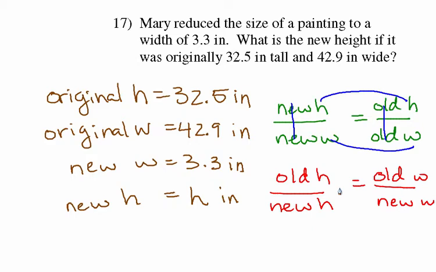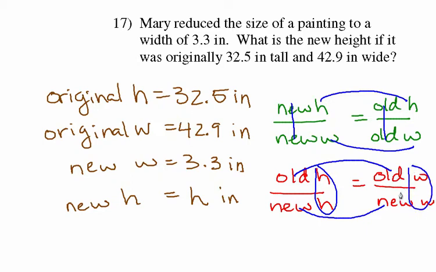In the first method, the new dimensions are in the same fraction and the old dimensions are in the other fraction. Then both the heights are corresponding in the numerators and both the widths are corresponding in the denominators. It's also okay to do it the way I've done it here in red, where the old dimensions are corresponding in the numerators, the new dimensions correspond in the denominators, and the heights and widths correspond in the same fraction.